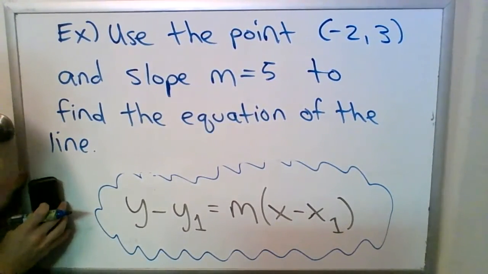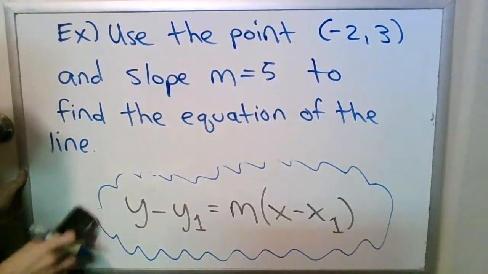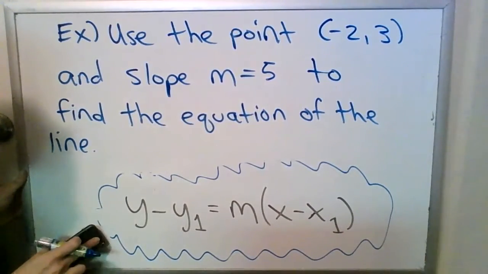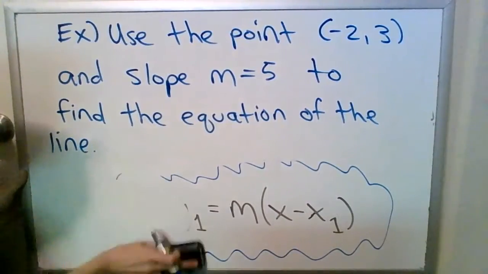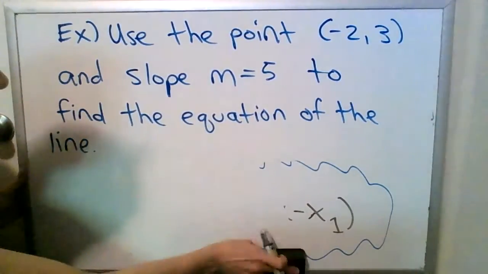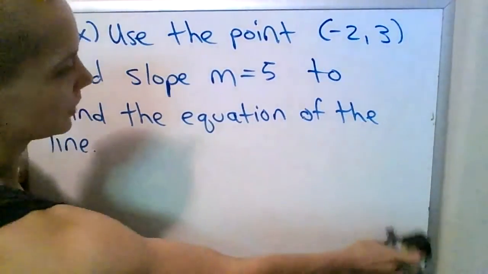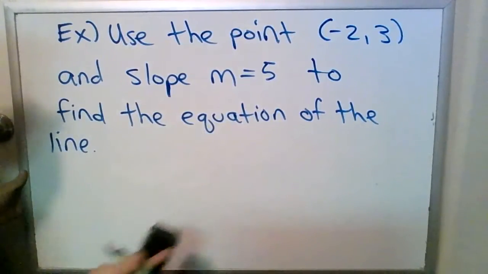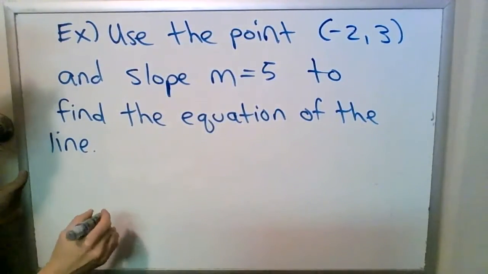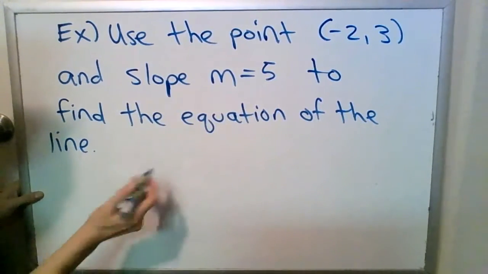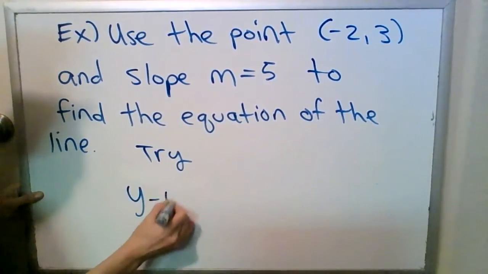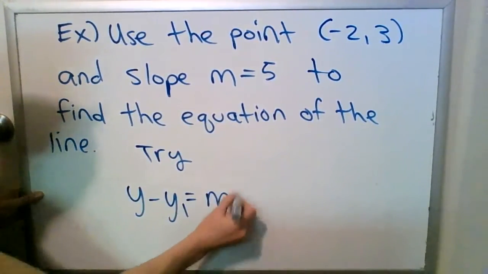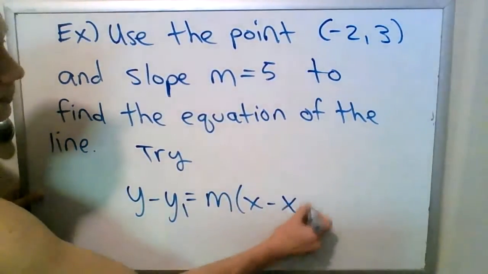I did it this way. I used this formula. We could also use y equals mx plus b. Maybe we'll do both. I think we're going to have some time today to do extra practice. The first way is y minus y1 equals m times x minus x1.